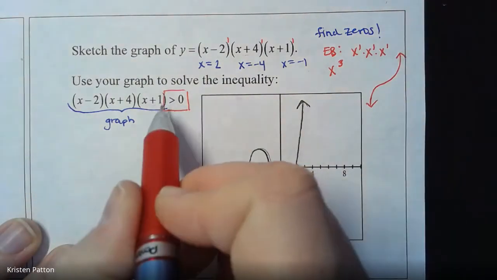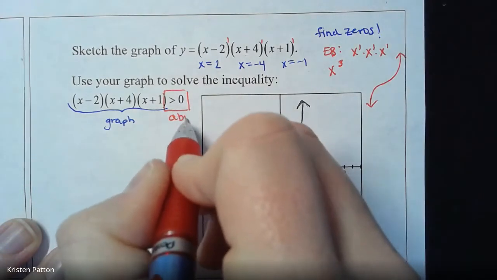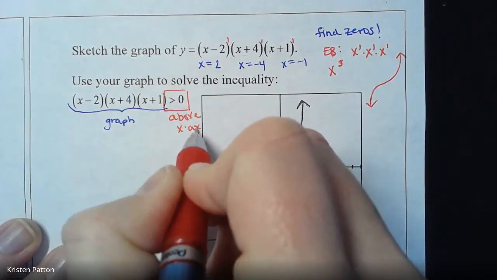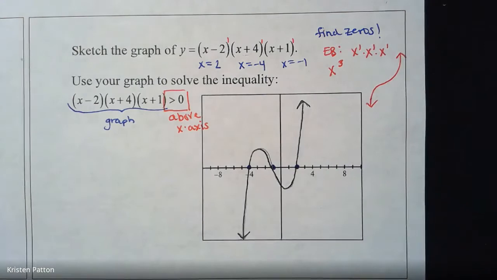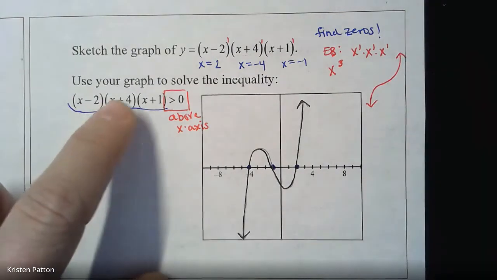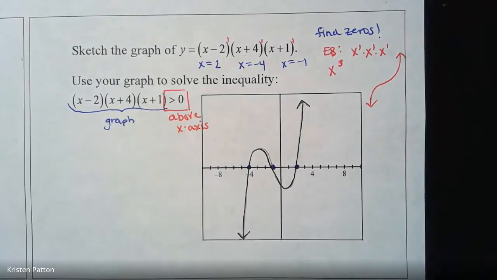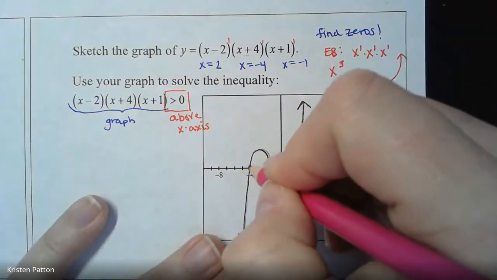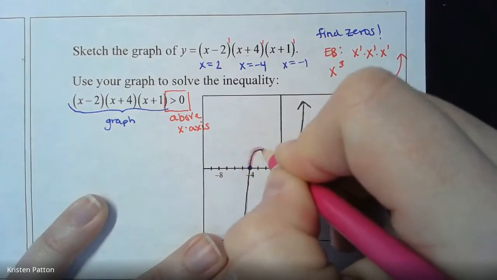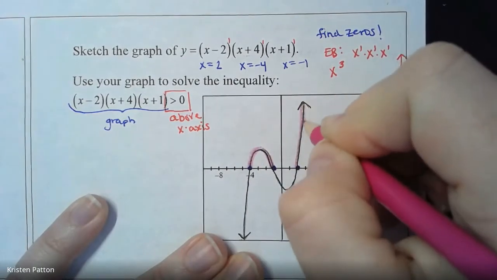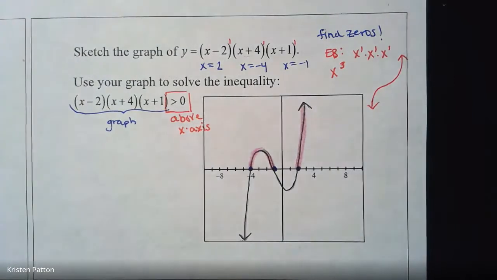We've already said greater than 0 means above the x-axis. Oh, that's it? That's all they're asking for. When is this function greater than 0 means when is this graph above the x-axis? I was using pink for that. I'll still use pink. So they're just asking when is the graph above, not above and below.